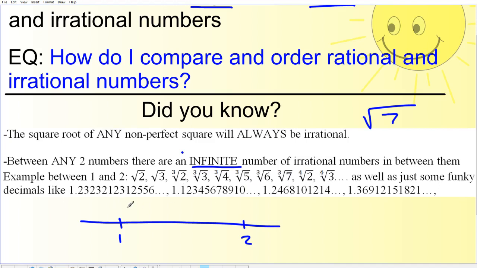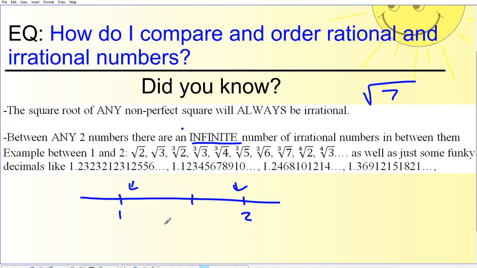And they would all fit in between here and here on a number line. As well as some funky decimals, like I could just make up a bunch of decimals if I wanted to, like right in here. I could come up with a decimal 1.68324197783, and I could just keep making up numbers. That would be an irrational number.